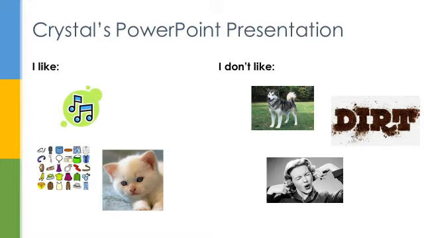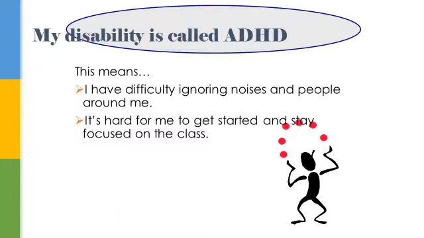The student might also develop a PowerPoint presentation that includes a slide about his disability and what it means to him. In this particular case, the student is identifying his disability as ADHD, Attention Deficit Hyperactivity Disorder. He has described how this impacts his performance in school.